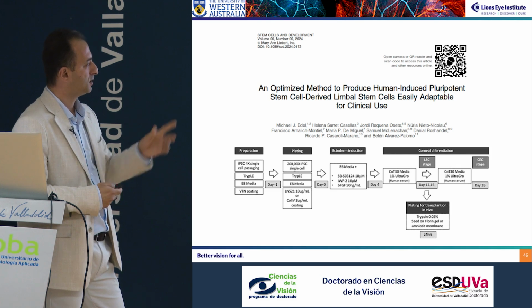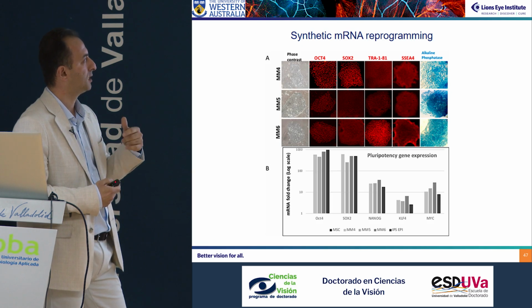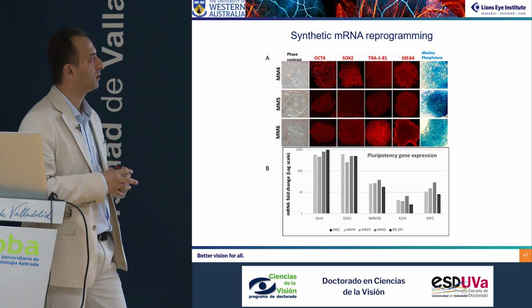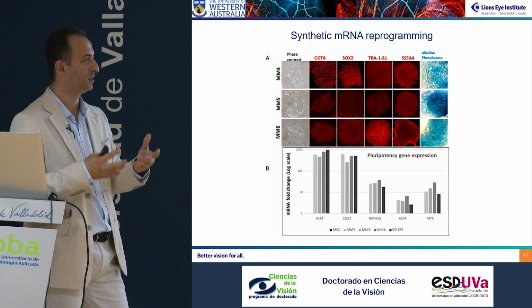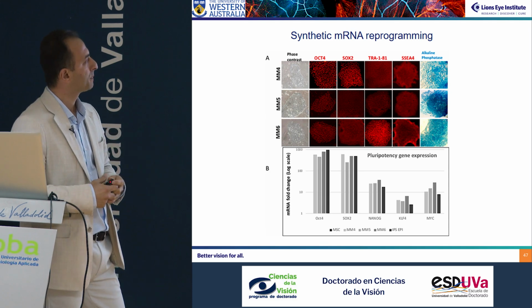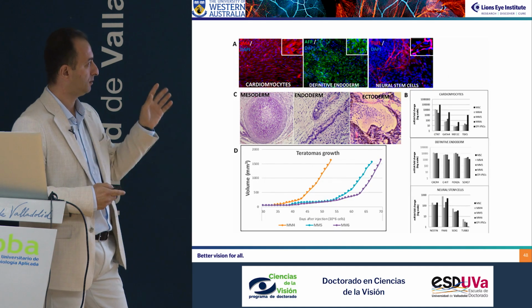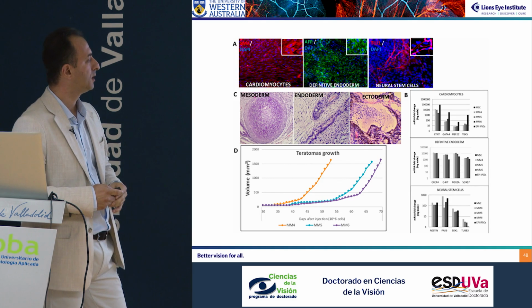This is the protocol they use in their lab, and they've shown that with a synthetic mRNA, which is a safer method of reprogramming and turning adult cells into stem cells without inducing mutations. They showed that those cells have the ability to differentiate into mesoderm, endoderm, and ectoderm.